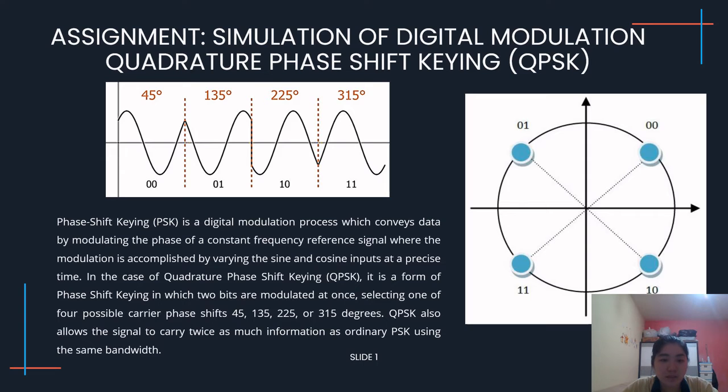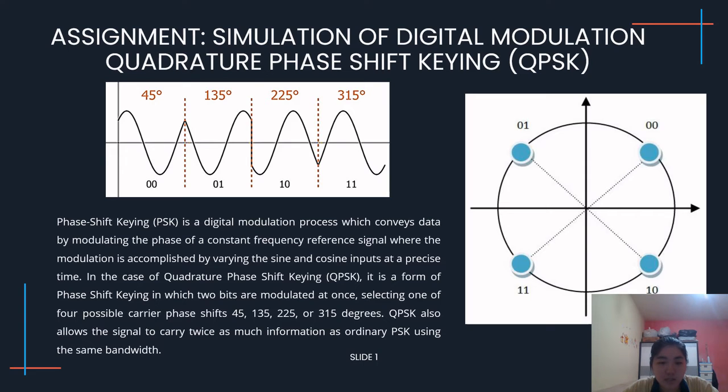Phase shift keying, QPSK, is a digital modulation process which conveys data by modulating the phase of a constant frequency reference signal, where the modulation is accomplished by varying the sine and cosine inputs at a precise time.